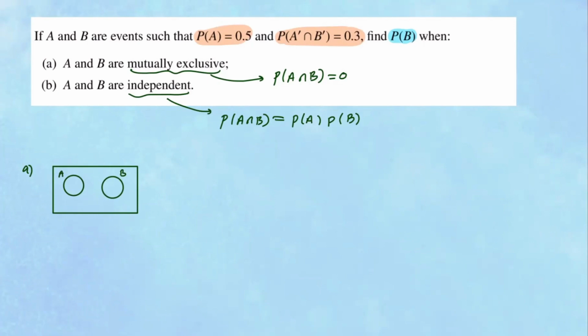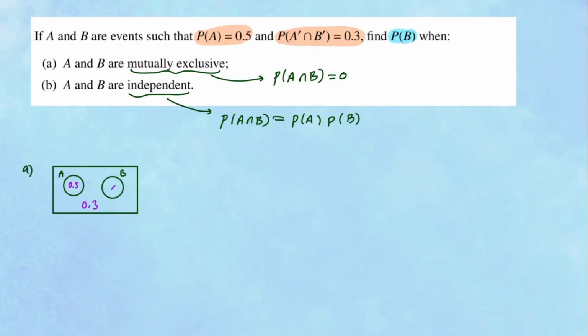The chance that A will occur is 0.5, so we can put 0.5 here. Then A complement and B complement, I'm looking at this right here: that's nothing in A and nothing in B, outside of the circles inside the rectangle. So this is going to be 0.3.